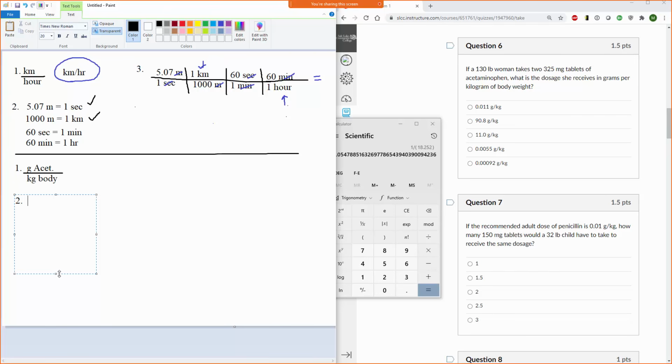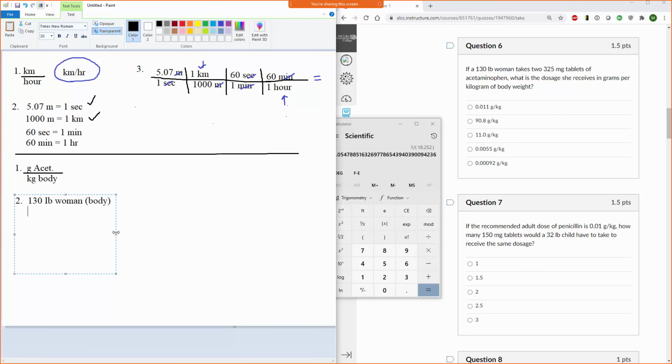Okay. Next, what are we given here to help us solve for grams per kilogram? All right, we have a 130-pound woman. Specifically, that's my body. I mean, not my body personally, but that's the body in the problem.